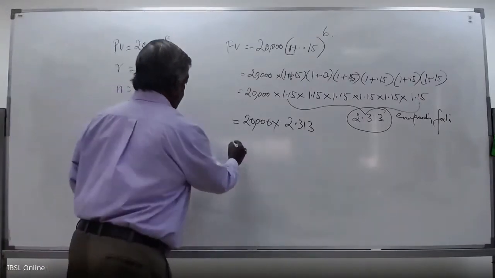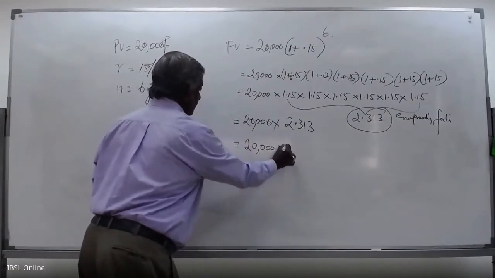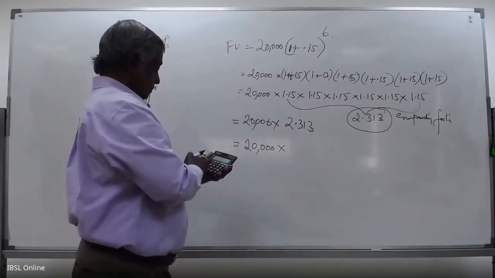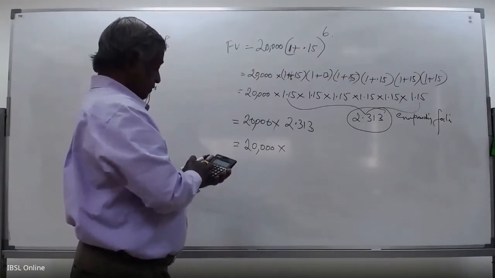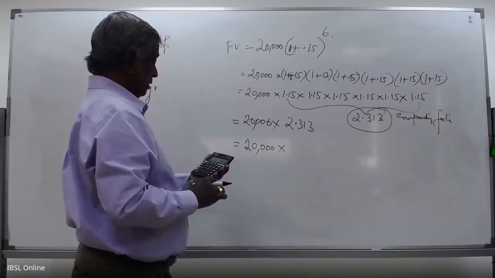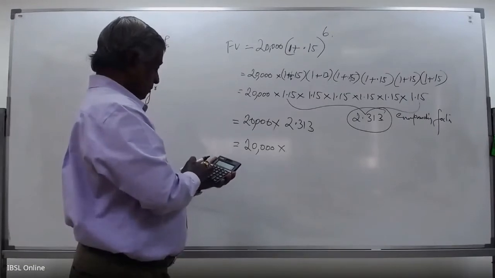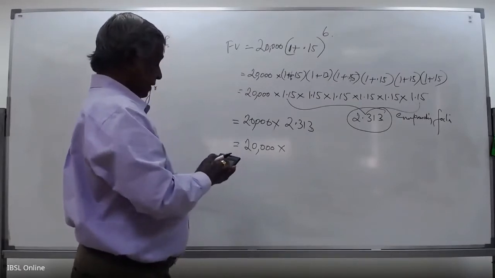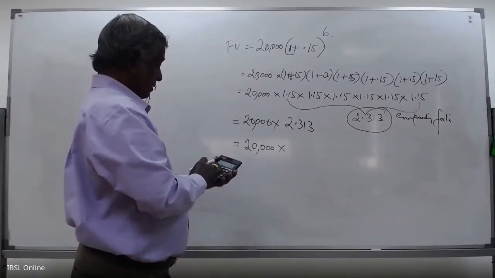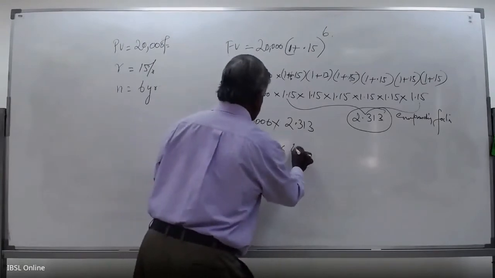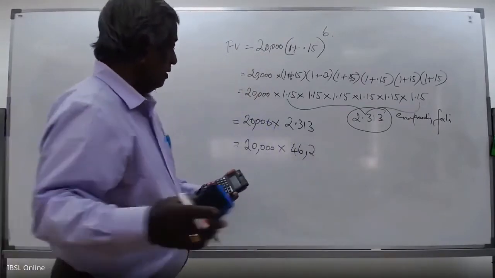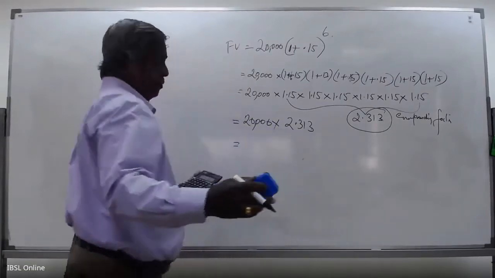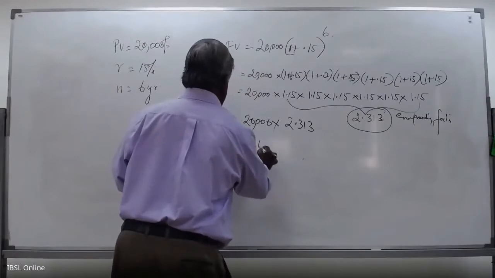So this is equal to 20,000 into 2.313, which is 46,206.